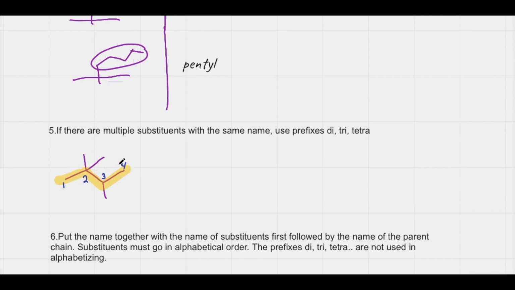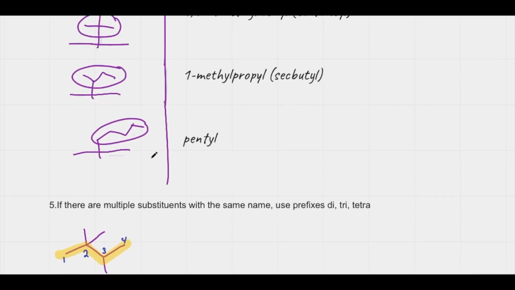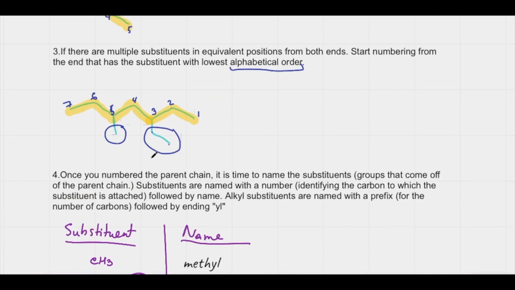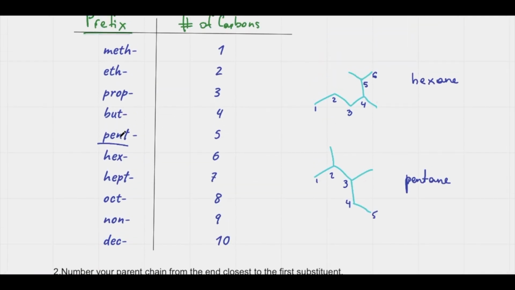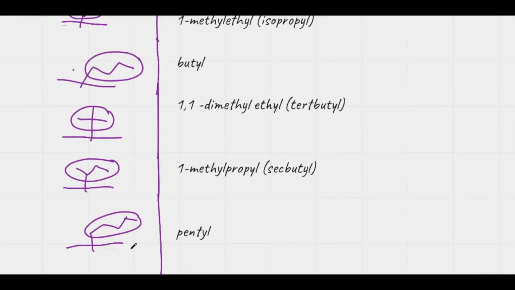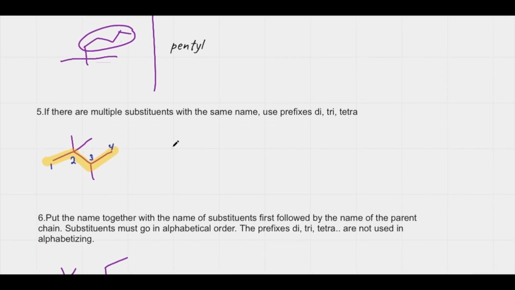Since my parent chain has 4 carbons, we go to the prefixes. 4 is but. So my parent chain must have a prefix but. Butane, because this is alkane, all single bonds. Next, what we're going to do is look at the substituents.